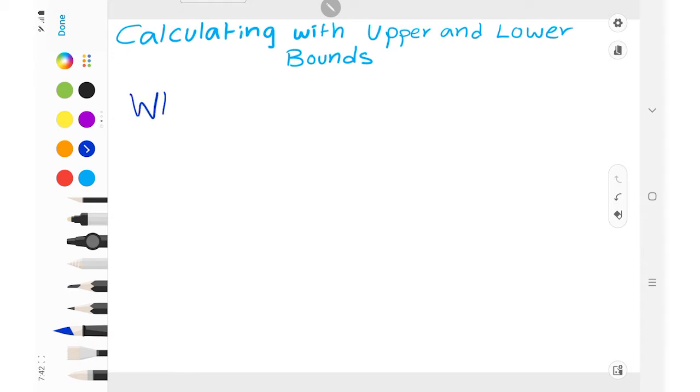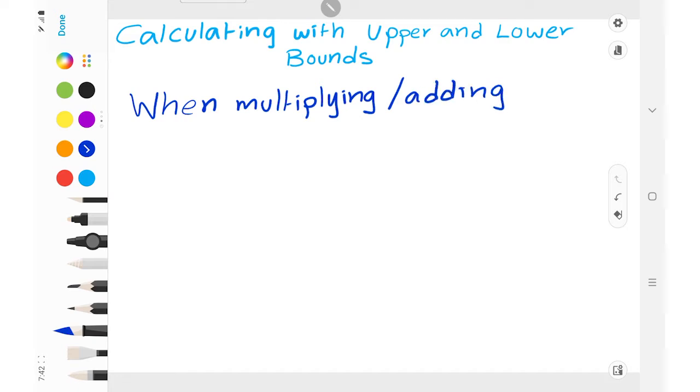When multiplying and adding, when you need to multiply two numbers or add two numbers, we will not multiply the numbers, then find the upper and lower for that number. In this case, it will be wrong. So we need to find the lower and the upper for the two numbers, then we will multiply. So this way, we will find the lower or the upper bound.